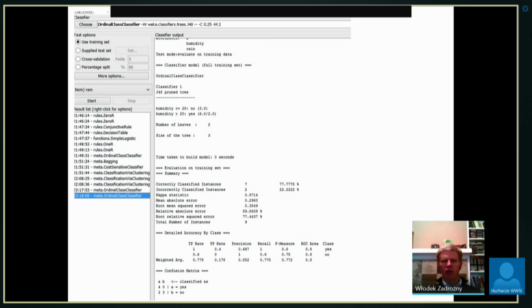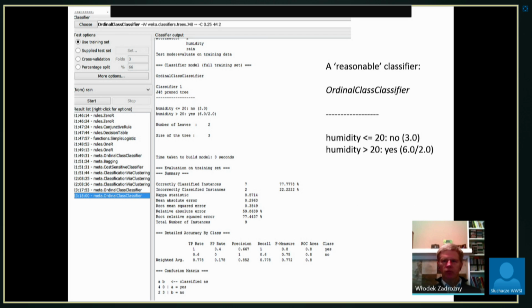Some of them are worse than this ordinal classifier. So let's look at the details. What we see here is a very simple rule: if the humidity is less than 20, then there is no rain. If the humidity is greater than 20, then there is rain.